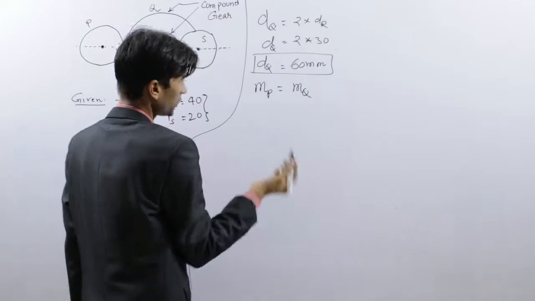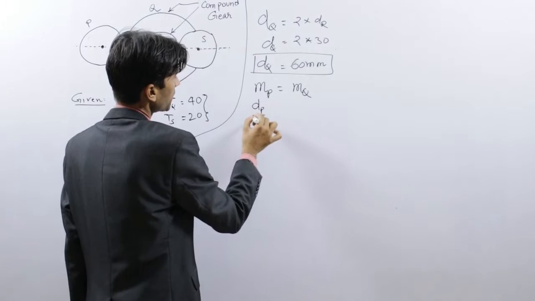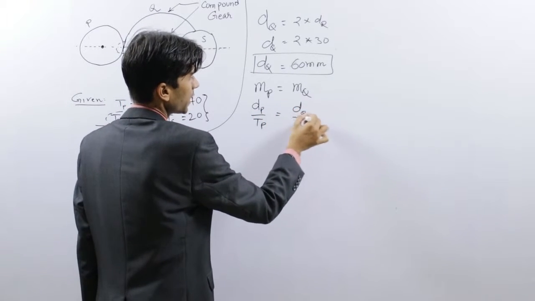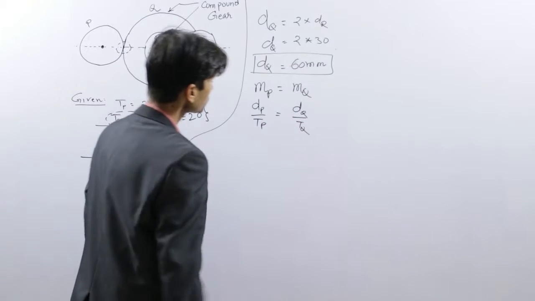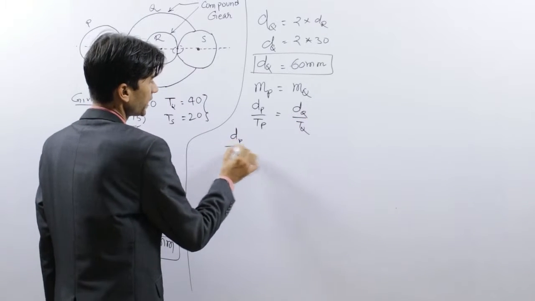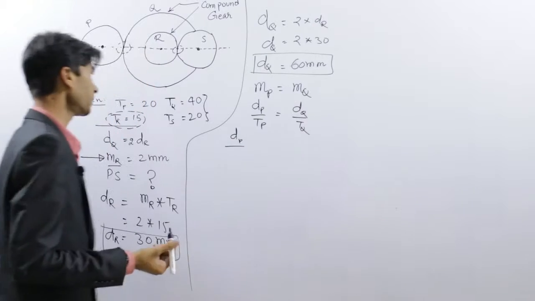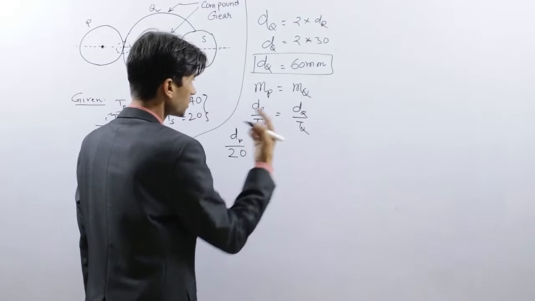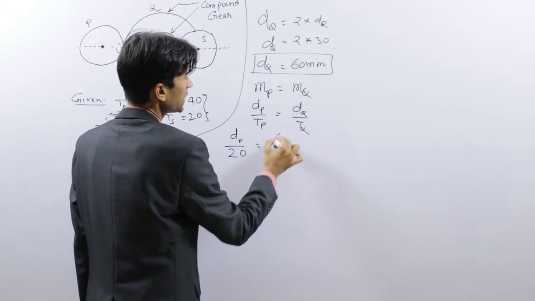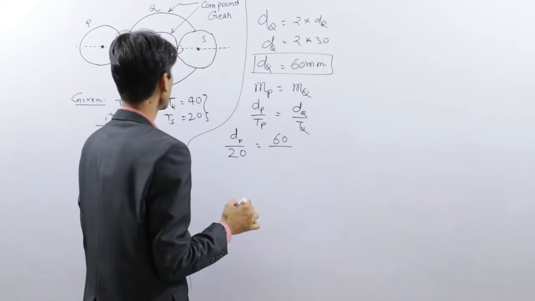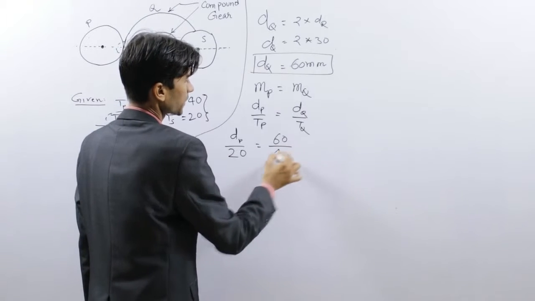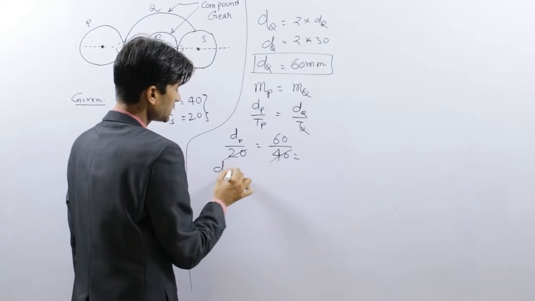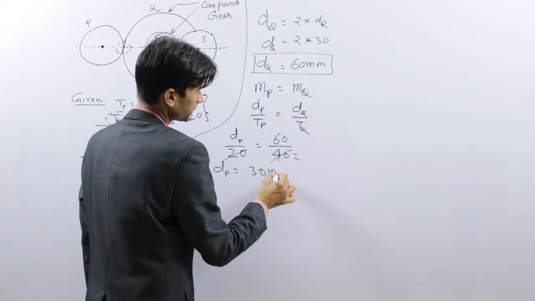So diameter of P upon number of teeth on P, which is 20, is equal to diameter of Q, 60, upon number of teeth on Q, which is 40. So the diameter of P comes out to be 30 mm.